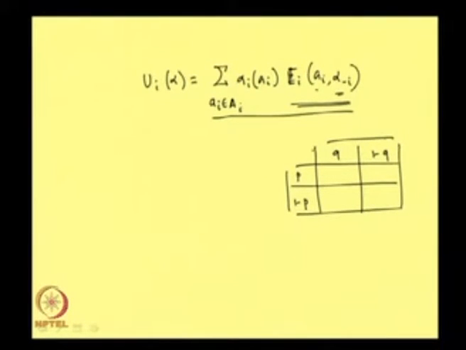Then the total expected payoff to player 1 from this mixed strategy profile is given by P multiplied by, suppose this action is A1 and this action is A2.